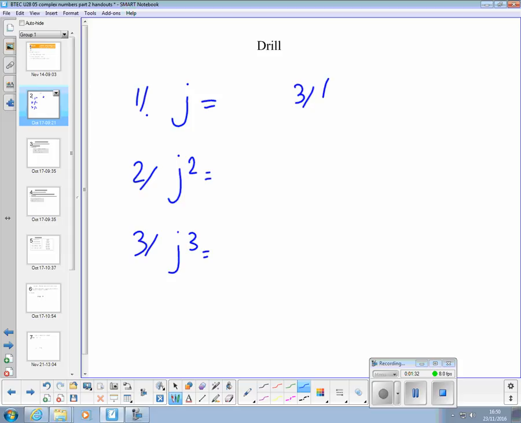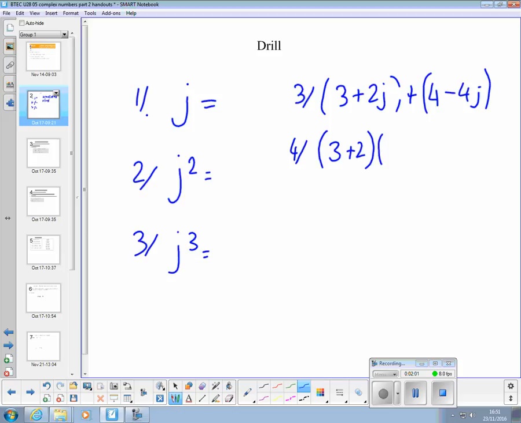Number 3: 3 plus 2j plus 4 minus 4j. Number 4: I want to know the answer to 3 plus 2 times 2 minus 3. Notice there's no j's in that. That's just simple arithmetic.